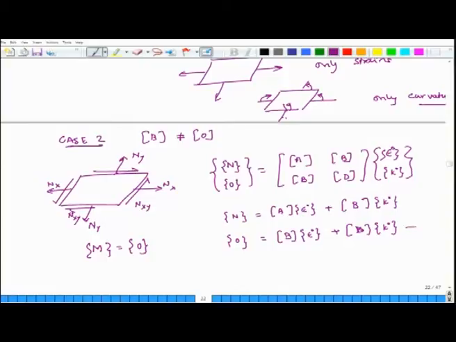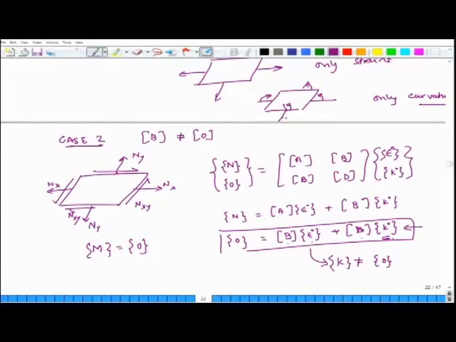The second equation tells us that for this system curvatures are non-zero, because the sum of B times epsilon plus D times curvatures is 0. So, the second equation tells us that curvatures are not 0, and we have to solve all these 6 equations to find curvatures as well as mid plane strains.